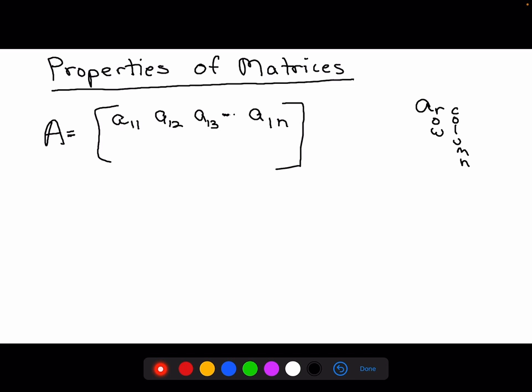And then going down, like row 2, now you'd have A sub 2,1, A sub 2,2, A sub 2,3, and so forth. In the first column, the second number is always going to be a 1. In the second column, the second number is always going to be a 2, and so on. So that's just a quick little review there.